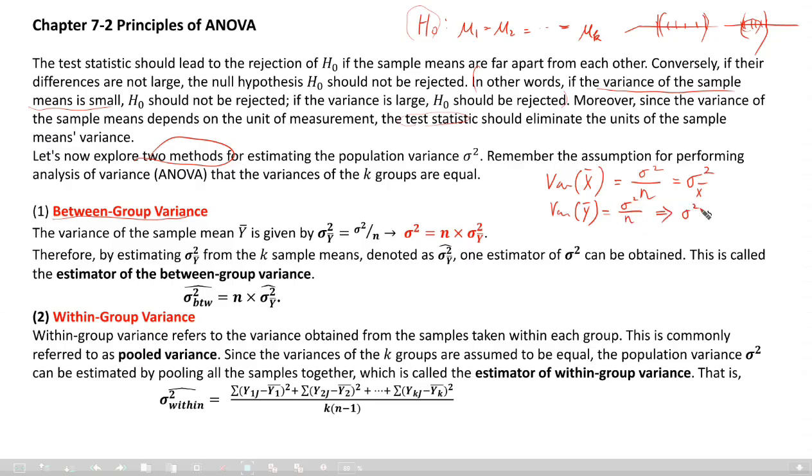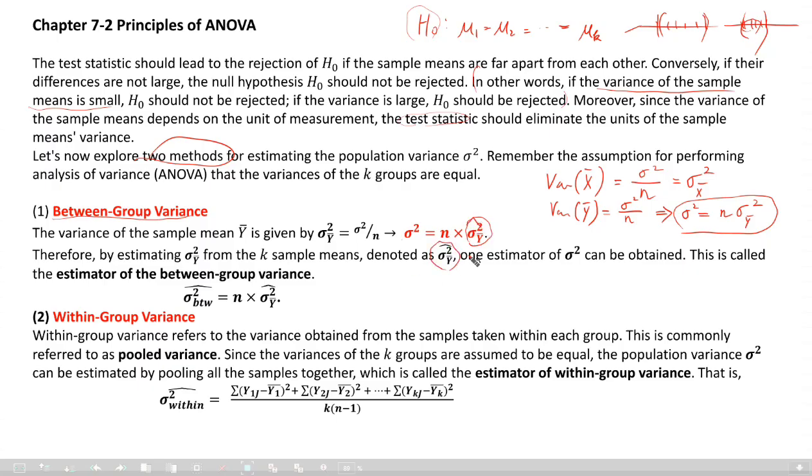Then sigma square is equal to n times the variance, say, sigma y bar square. We obtain this relation. So sigma square equal to n times sigma y bar square. So if we estimate sigma y bar square from what? From the sample means, okay? Then we denote it like this, with the hat.